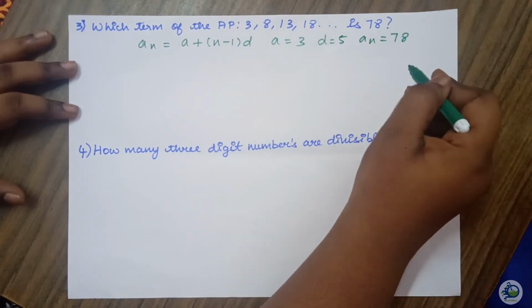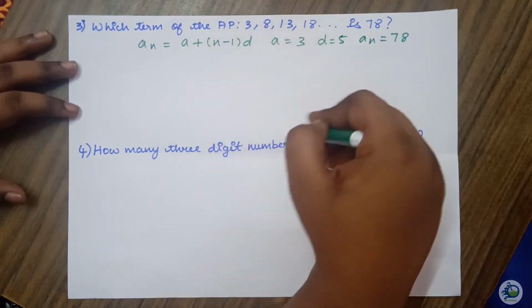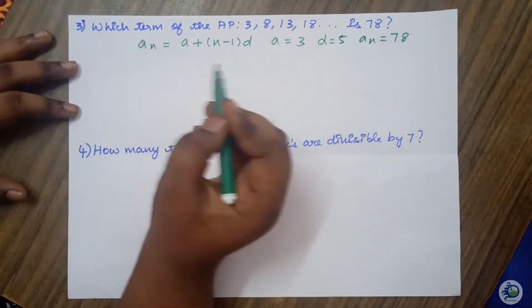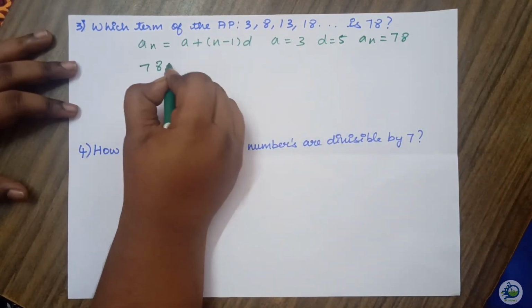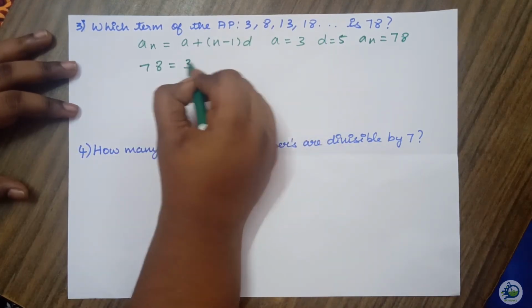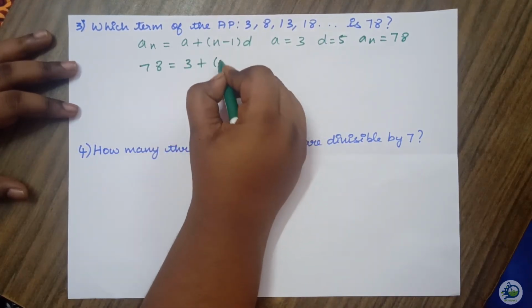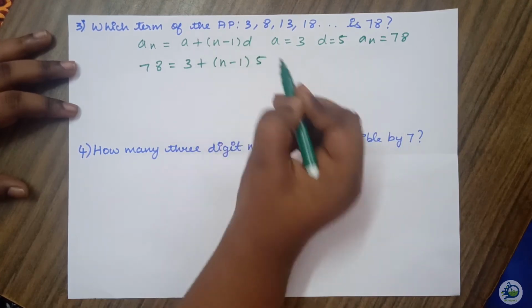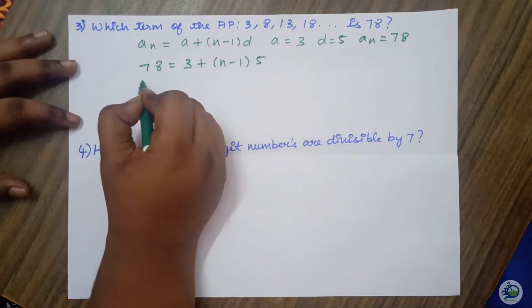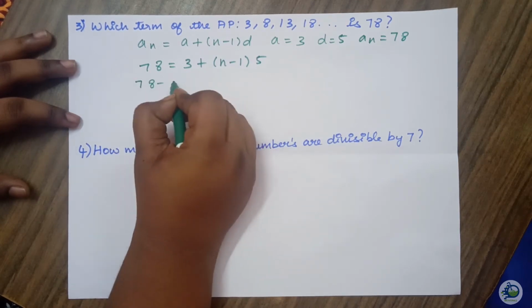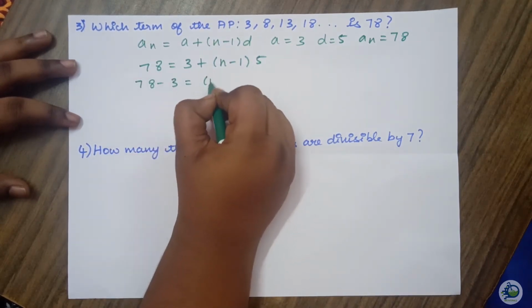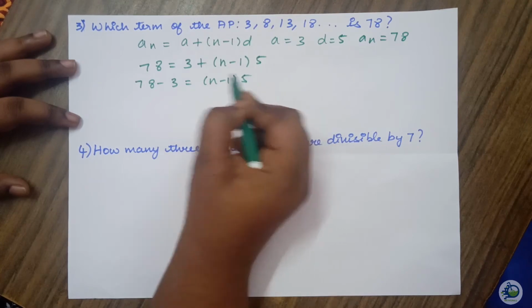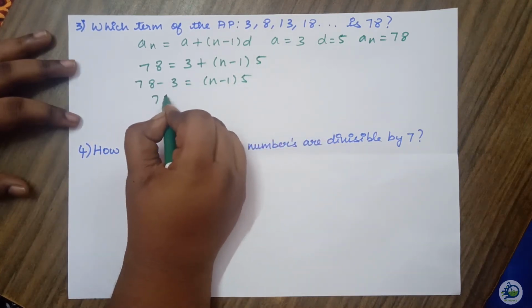So we are going to substitute these data into the formula and find the nth position. So an is 78, which is equal to a, which is 3, plus n minus 1 into d, which is 5. So when this 3 goes to that side, it becomes 78 minus 3 is equal to n minus 1 into 5. So 78 minus 3 is 75.